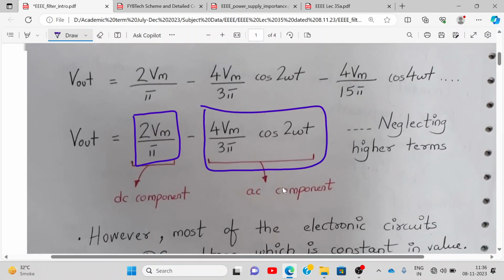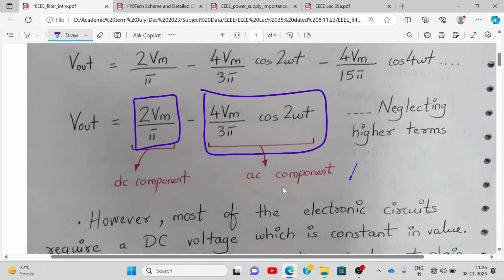So if you have this kind of a waveform, what is this the output of? It's the output of a full wave rectifier, whether center tap or bridge. What will the filter circuit do? It will smoothen down this waveform.